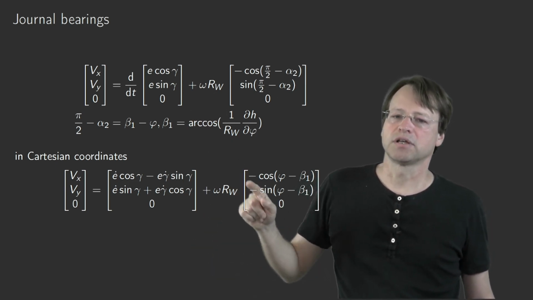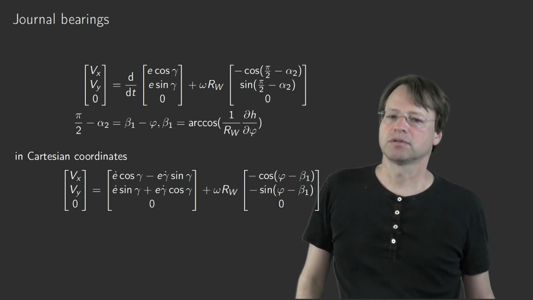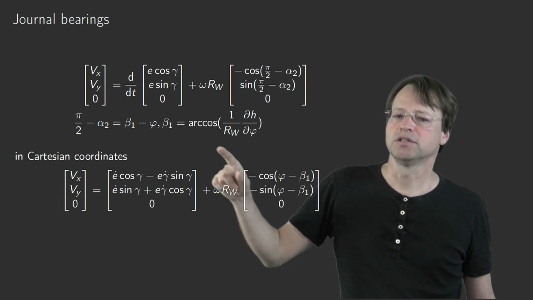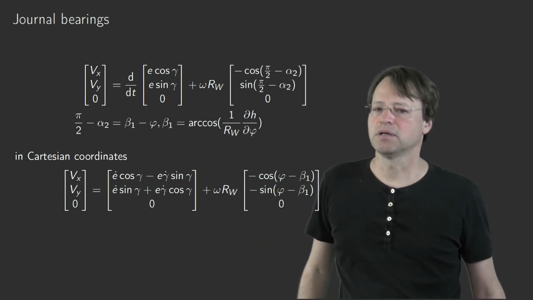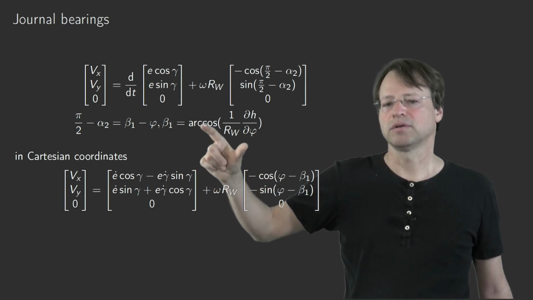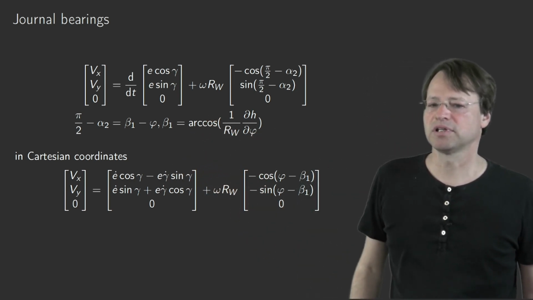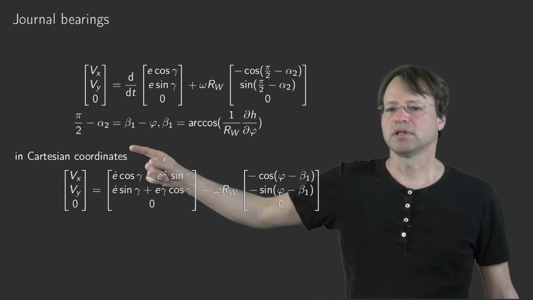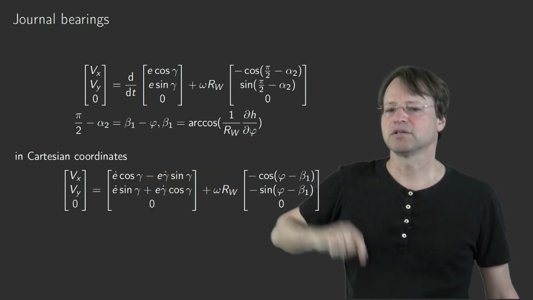For the second term here, we insert our result, and to keep the result short, I just inserted beta 1, and as you can see, beta 1 minus phi, and did not replace beta 1 by that lengthy expression. So what you can see is you would get, by inserting this, beta 1 minus phi.